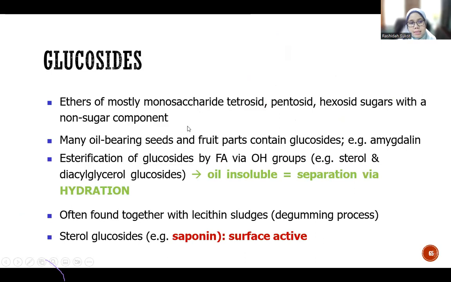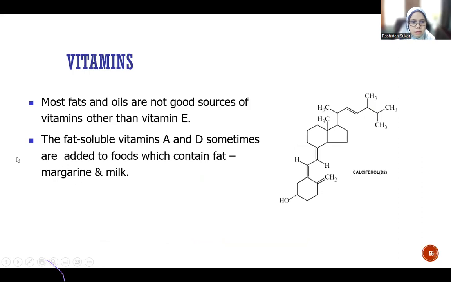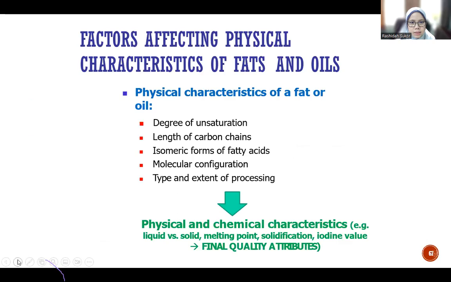Many oil-bearing seeds and fruit pulps contain glycosides. These are in plants. Esterification of glycoside via the OH group can make the oil insoluble, or can make the oil soluble. Okay, vitamins. Later in the vitamins topic we will go into detail.